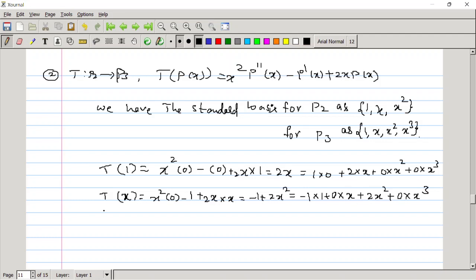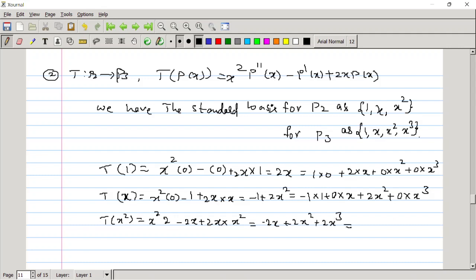Similarly, for the element x square, we have T of x square equal to x square times P double dash, which is 2, minus P dash, which is 2x, plus 2x times P of x, which is x square. So this is nothing but 2x square minus 2x plus 2x cube.